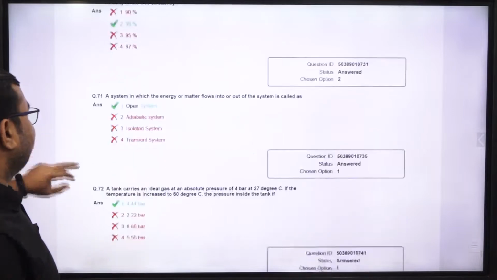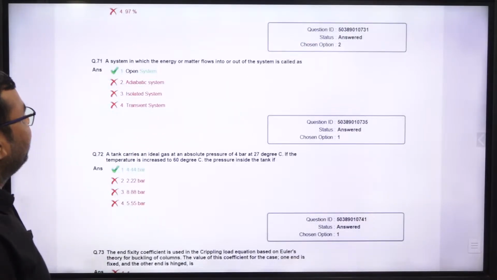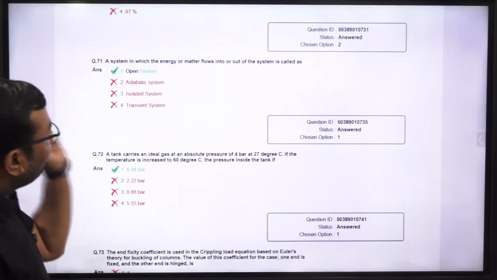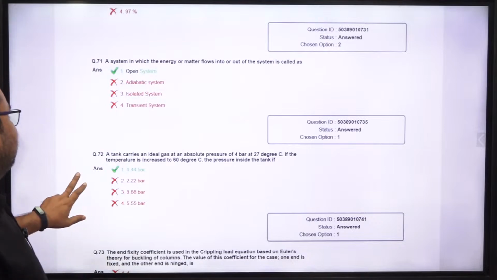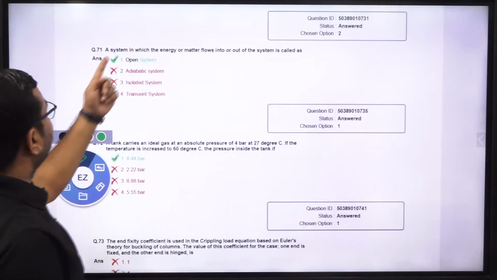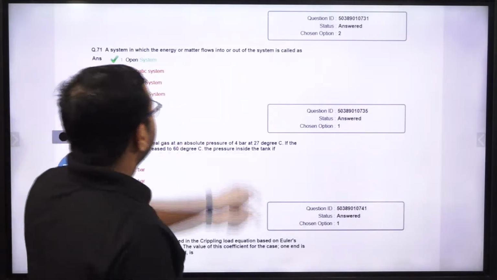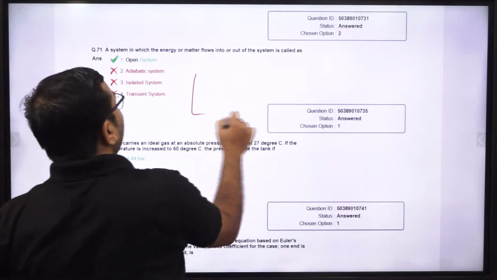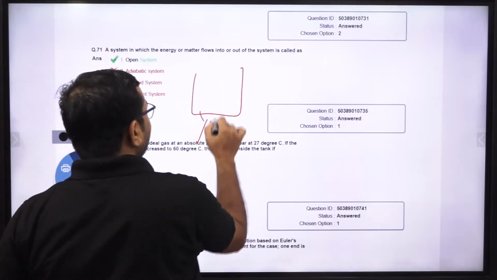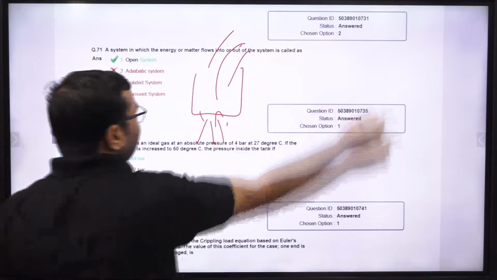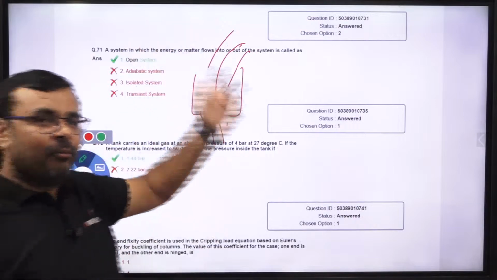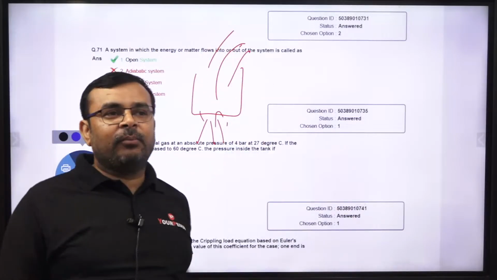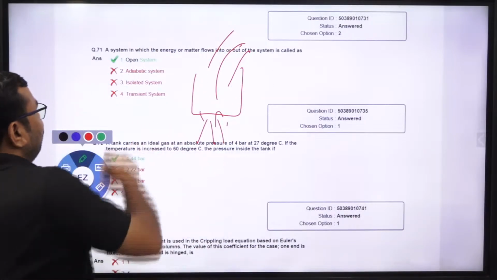So a system in which the energy or matter flows into or out of the system is called as open system. Very simple question. यहाँ से गर्मी heat दो, यहाँ से भाप निकलेगा. Yes or no? Steam can move outside and heat will also move outside. Then this is called as open system.